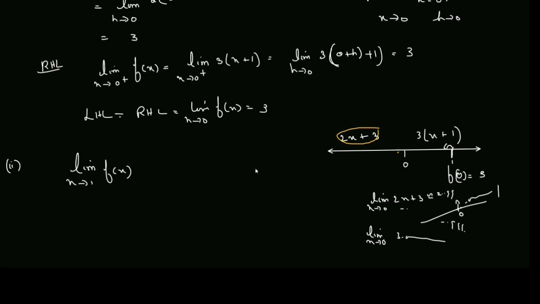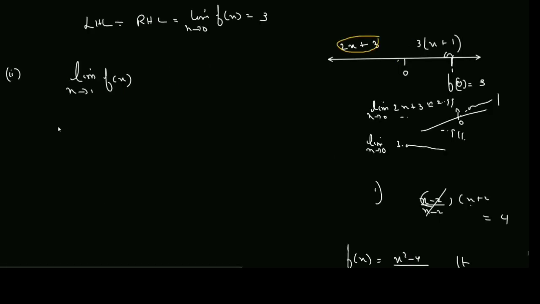Substitute the values now. Let us find the left limit and the right limit. So left hand limit is limit x tends to 1 minus of f of x. So that is limit x tends to 1, left of 1 and right of 0. Right of 0, this is the function.